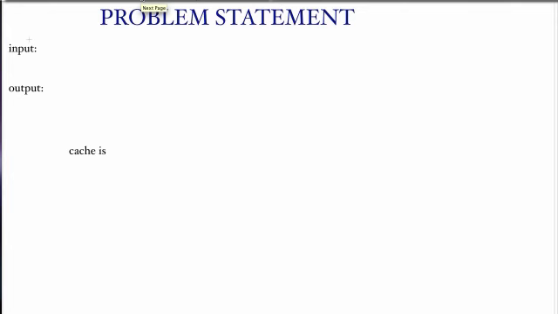So this is our problem statement. We have K, which is the cache size. And we have D1, D2, all the way up to Dn. This is RAM access.